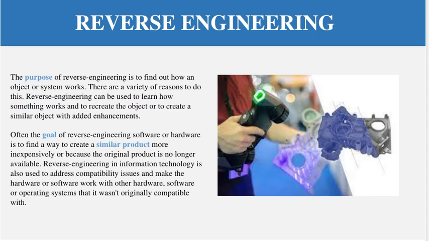The purpose of reverse engineering is to find out how an object or system works so that you can reconstruct it, or a similar product can be constructed in a cheaper or inexpensive way. For example, if you have a computer and you want to reverse engineer it, you can find out how many components there are, how they are working, and then you try to find the design of that and reconstruct it.